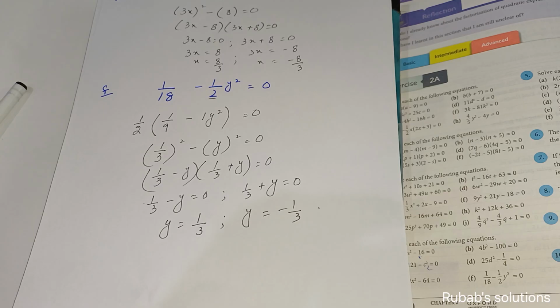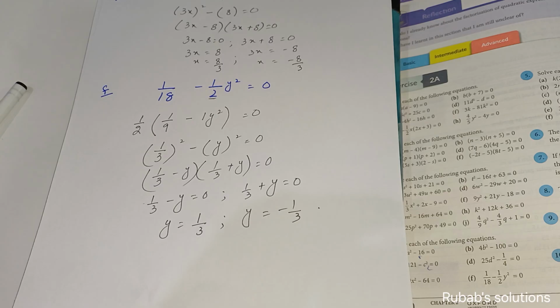From here 2b is equal to 10, b will be equal to 10 divided by 2. It will be 5. From here 2b is equal to minus 10, and b will be equal to minus 10 by 2, that is equal to minus 5. So in these questions the answer will be the same, only the difference is of sign.